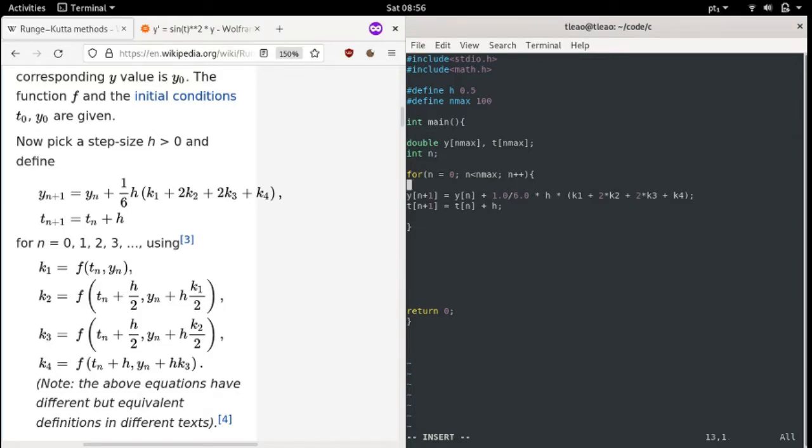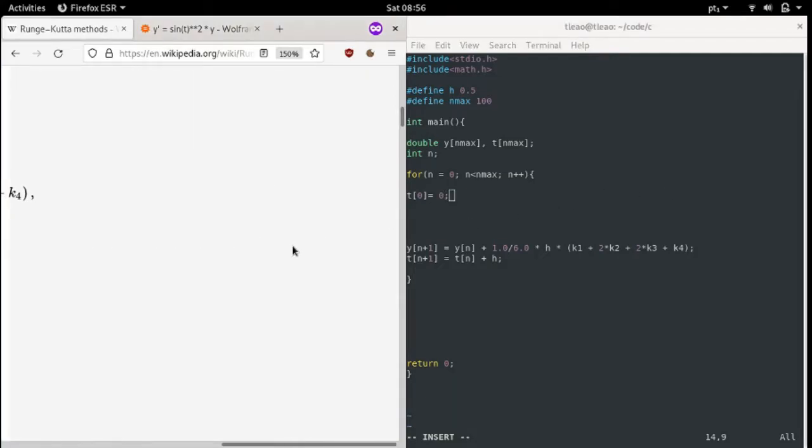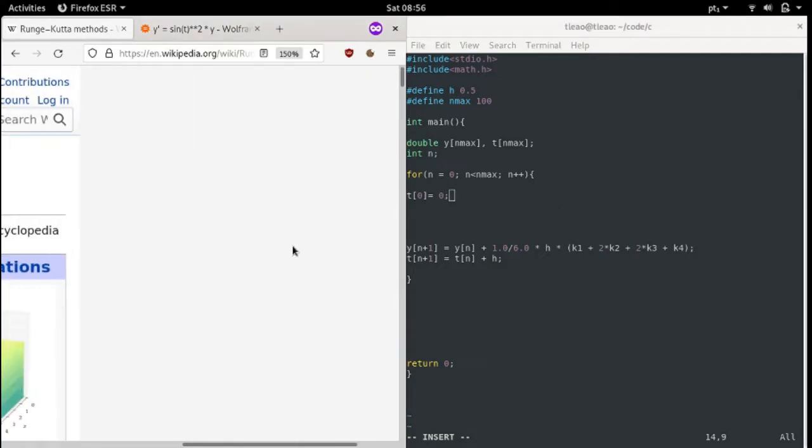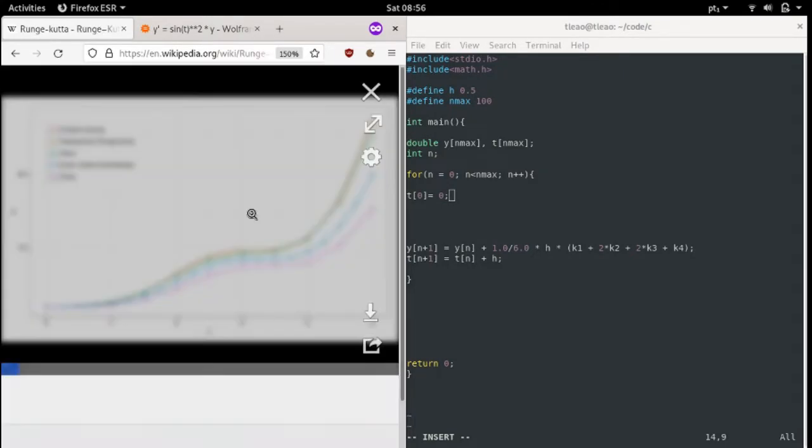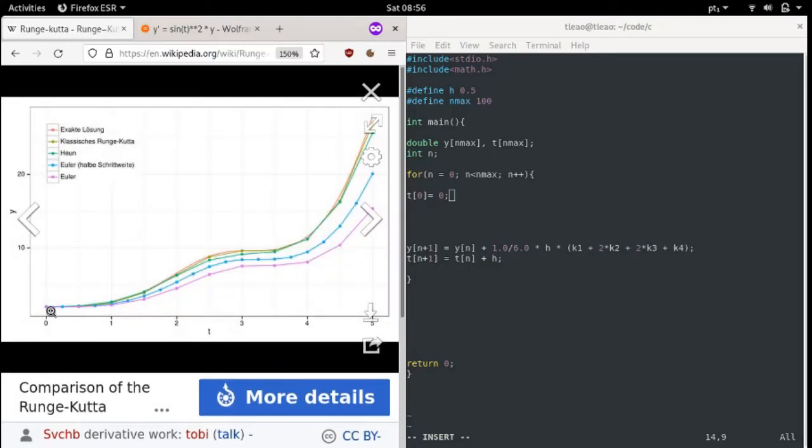Okay, I'm going to declare here the initial conditions. The initial conditions is that t at 0 equals 0. If you look at this function here that is given in Wikipedia, you're going to see that, difficult to see here, but the initial condition for y here is around 2.